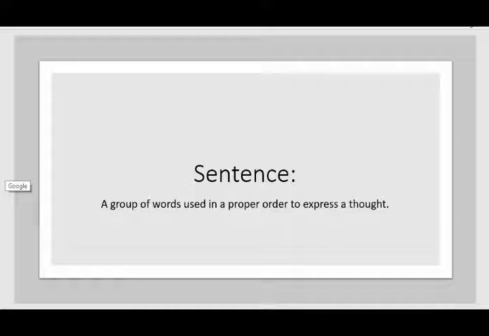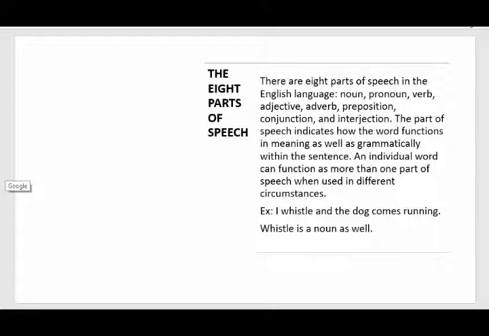Understanding these parts of speech will give you more knowledge on how to frame grammatically correct sentences. Now, what are the 8 parts of speech? Noun, pronoun, verb, adverb, adjective, preposition, conjunction, and interjection.